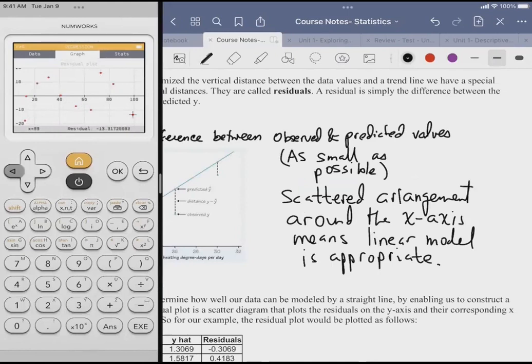So if you did need to make a graph, you can get it all from right here. In the past, I would have students make the graphs on a test, but going forward, the technology does such a wonderful job, I don't want to waste that. So if anything, I'll have you just state the residuals for certain x values. I'll show you what that looks like in a minute.